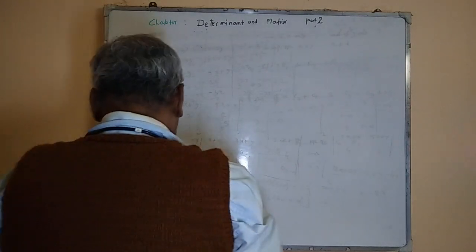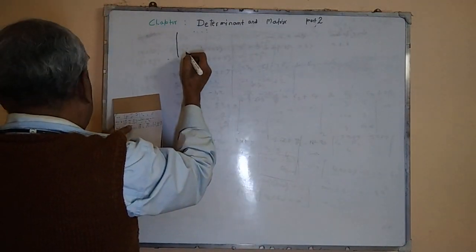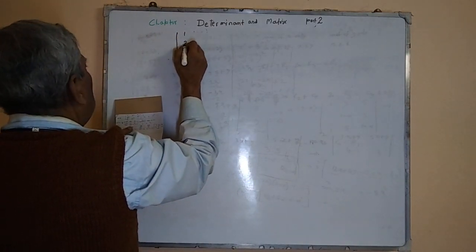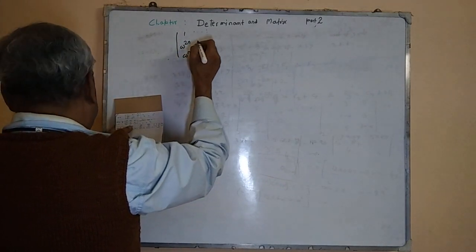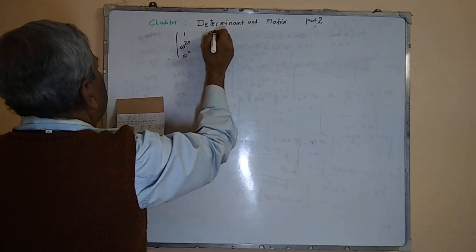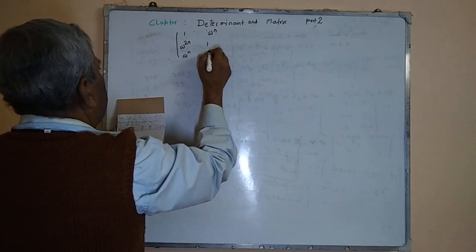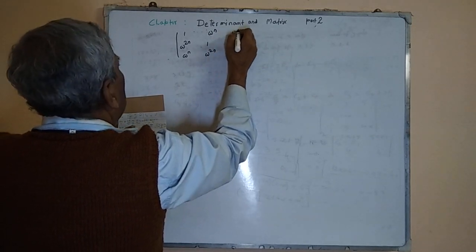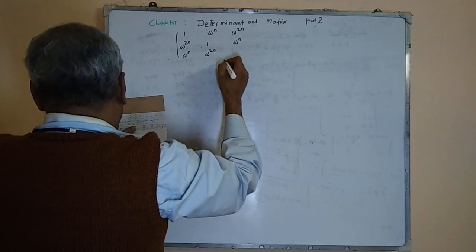The value of the determinant: 1, omega to the power 2n, omega to the power n; omega to the power n, 1, omega to the power 2n; omega to the power 2n, omega to the power n, and 1.